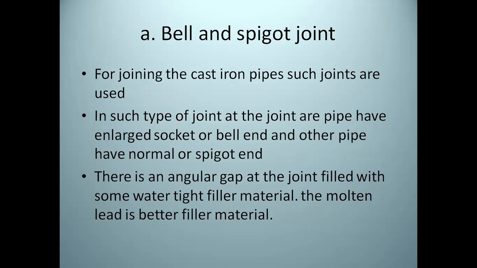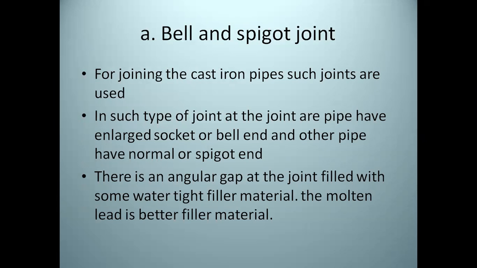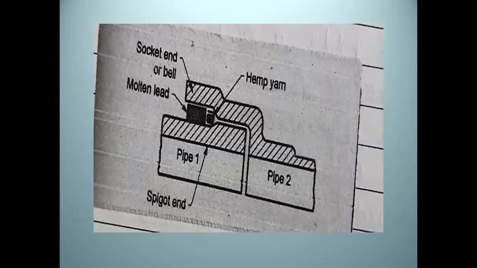The first is the bell and spigot joint. This joint is used to connect two cast iron pipes.